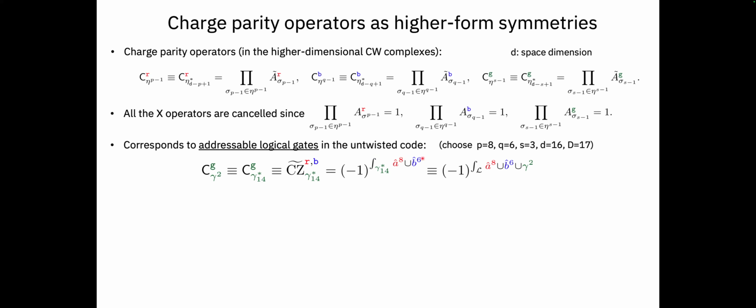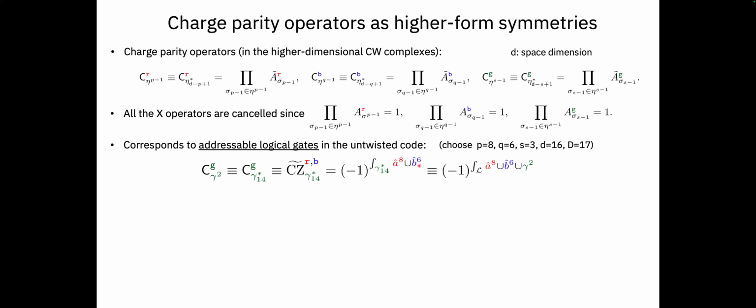Here I put a hat because I'm considering an operator valued cochain. So they are in fact operators, and they are exactly equivalent to CZ, because you can move this sum into a product here, and then it's just a tensor product of (-1) to the a times b.